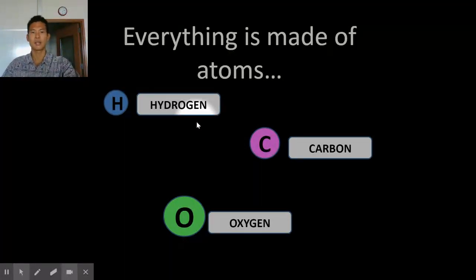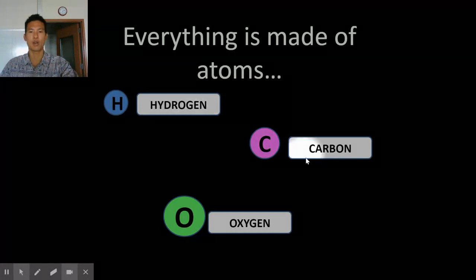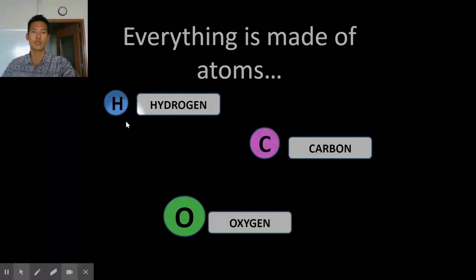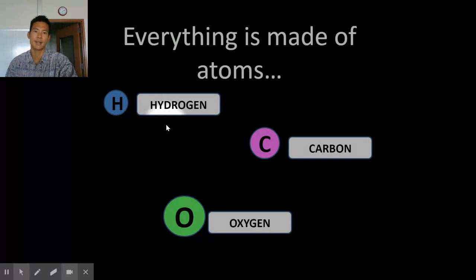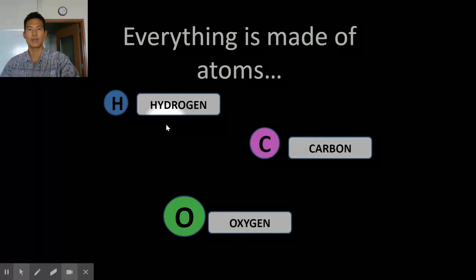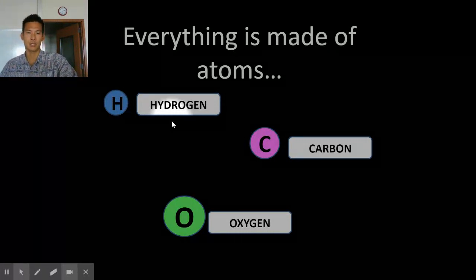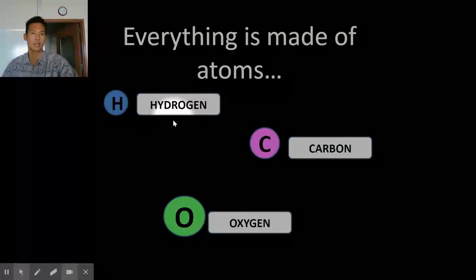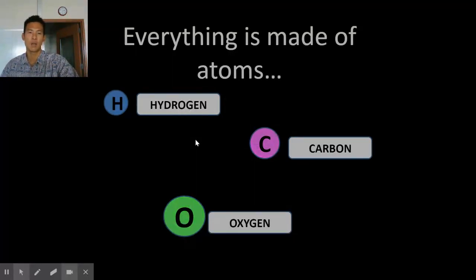Since they differ in their amount of charges, and charges also provide a molecule with its properties, these different elements also have different properties.